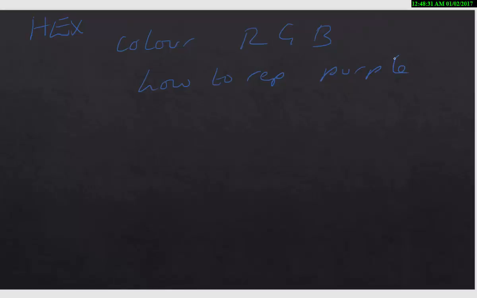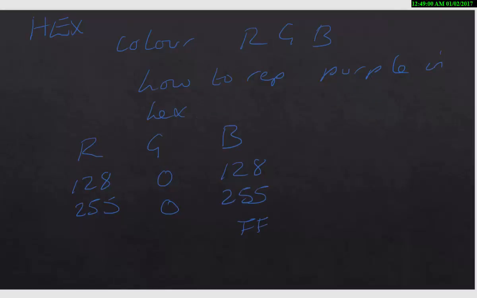What you would do in hex is you want to set the R, the G and the B, and this could be something between, say, 128 and 255, so red and blue all the way to 255, so 128 in hex, or you could just go all the way full red, full blue, and that would be FF, 0, FF.